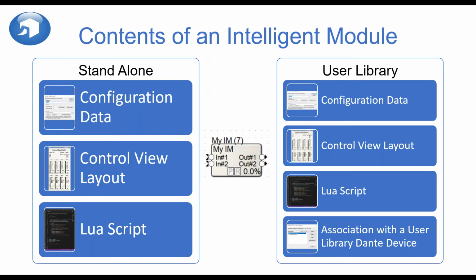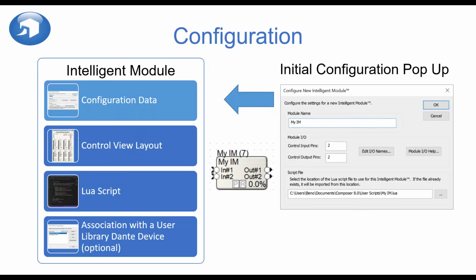They both have a control view layout defining the user interface, and then they both have a Lua script that is the heart of it, which defines the functionality and hooks everything together. And then user library intelligent modules have a fourth component, which is just the association with a particular device in your user library. So let's go through these four items in a bit more detail.